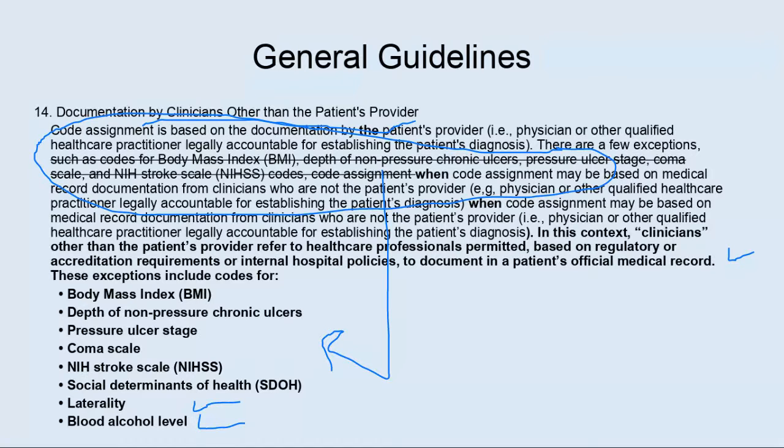Clinicians other than the patient's providers refer to healthcare professionals permitted based on regulatory or accreditation requirements or internal hospital policies to document in a patient's official medical record. So other clinicians can report body mass index, depth of pressure ulcer stage, coma stage, NIH stroke scale, social determinants of health, laterality, and blood alcohol levels.